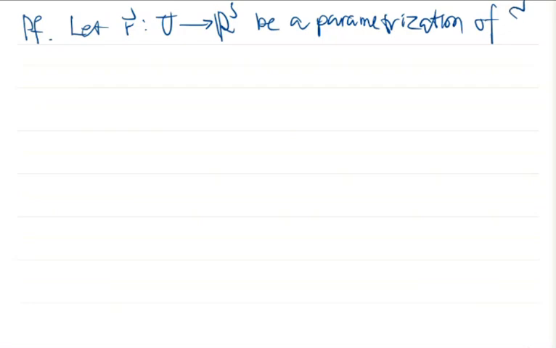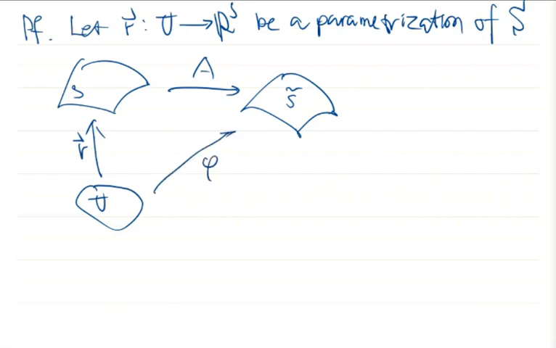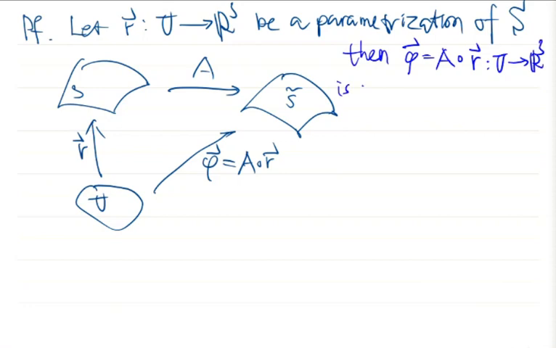So this is S. We have a parametrization R from U, and then we have A. This is S tilde. Then the composition of A and R, that is a map from U to R3, is a parametrization of the new surface S tilde.